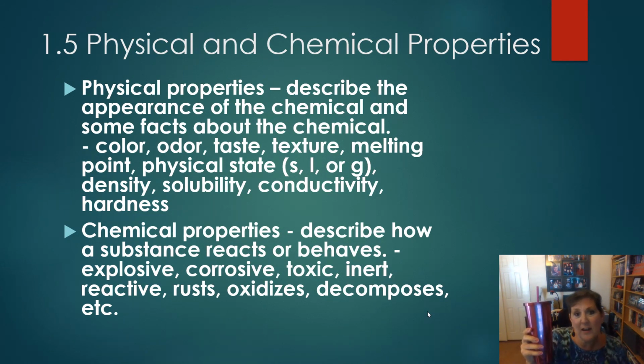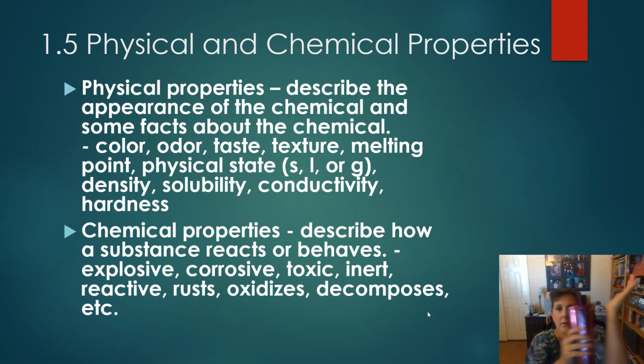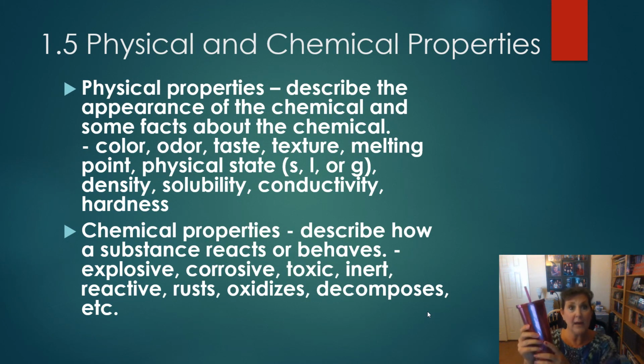It doesn't do much of anything, right? It's not an explosive. It's not a toxic chemical. It's not a medicine. It doesn't react against my skin. So it's pretty inert, this metal container. Chemical properties need to describe behavior. Physical properties describe appearance and some facts about the chemical.